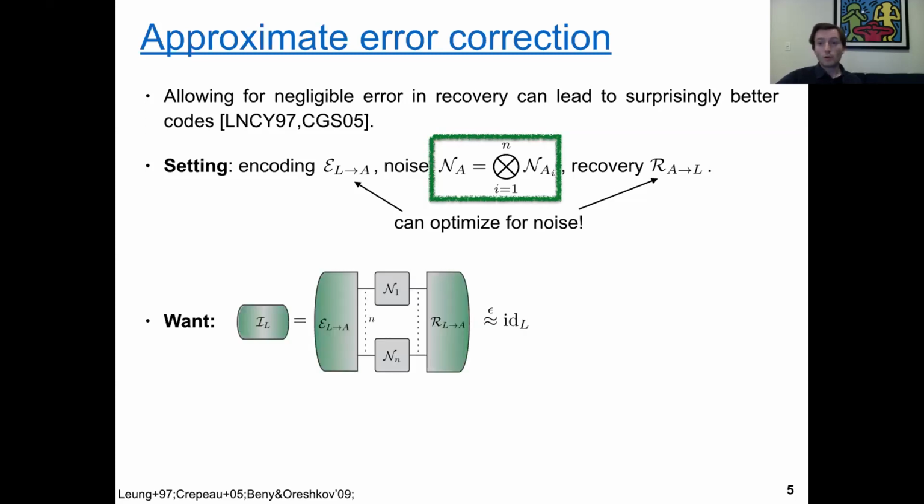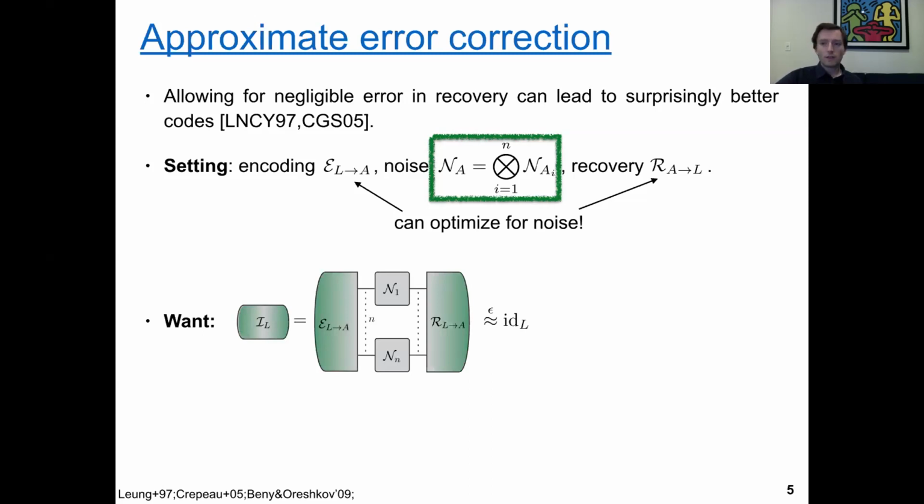So what do we want exactly? Well, we want the following composite channel, which consists of the encoding channel, followed by the noise, followed by the recovery. And we want that channel to be as close to the identity channel on the logical level as possible. It should be epsilon close to the identity channel.